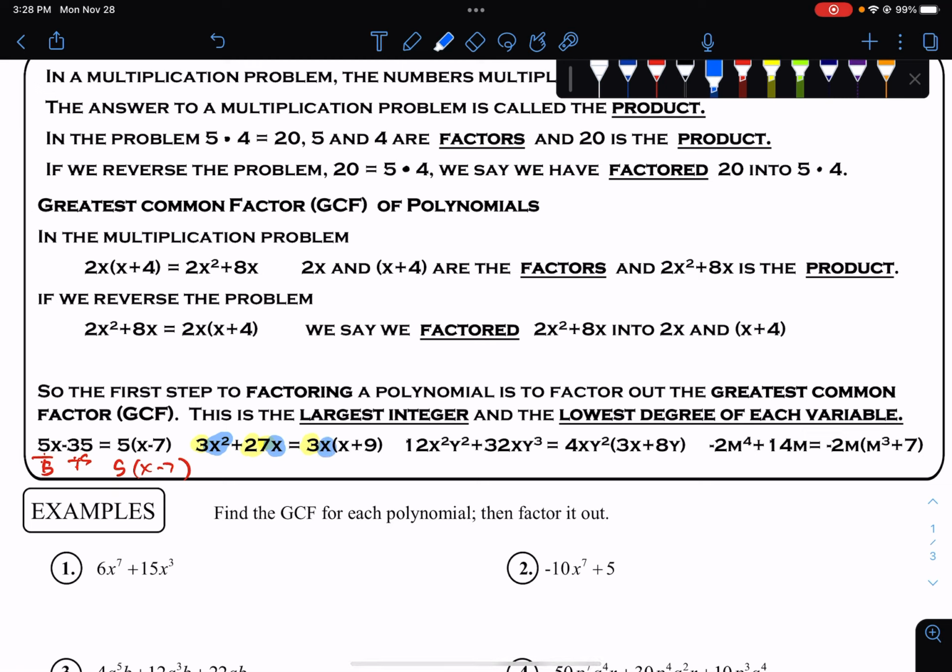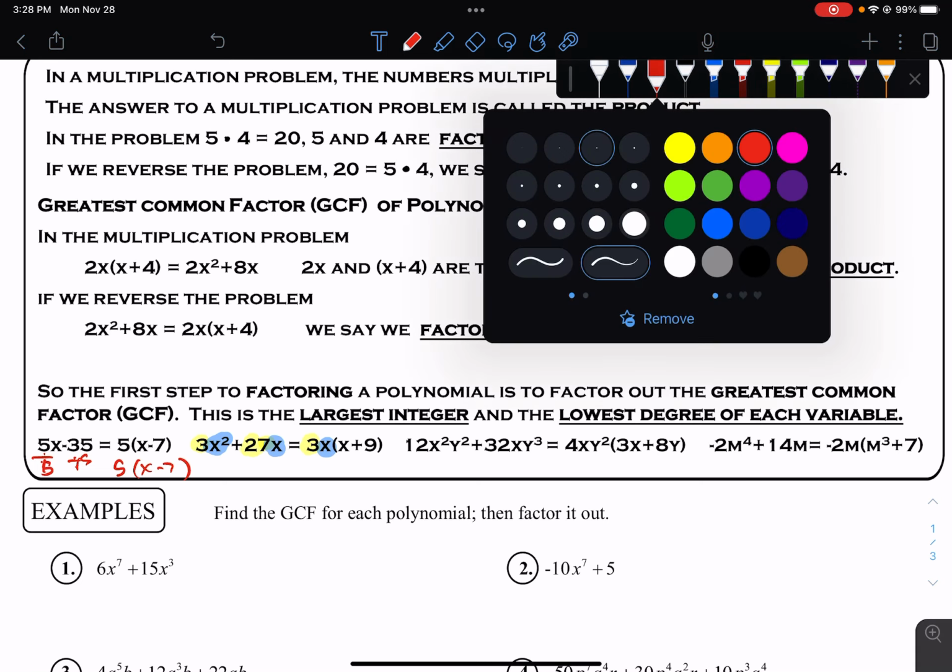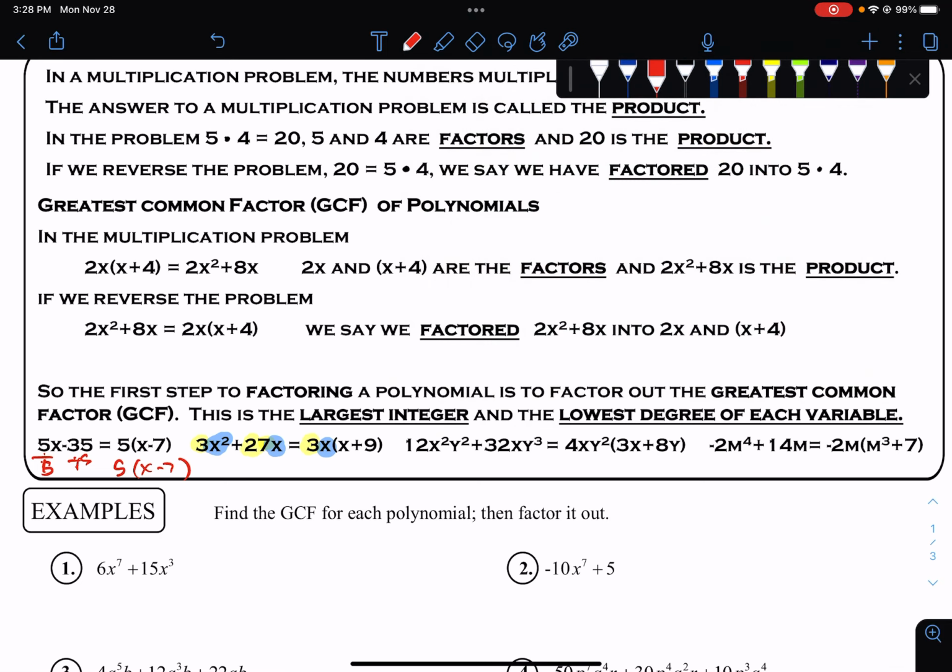I'm not going to be able to take out x squared. When I take 3x squared and divide that by 3x, I'm left with x. And when I take 27x and divide that by 3x, I'm left with 9, because 27 divided by 3 is 9. X divided by x goes away, so I'm just left with a 9.